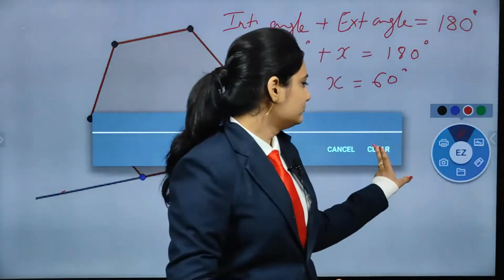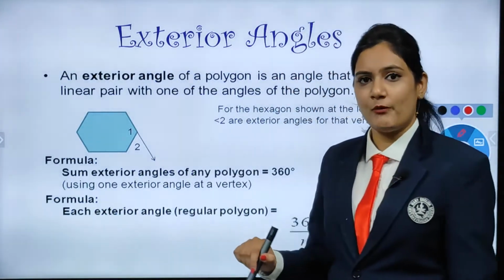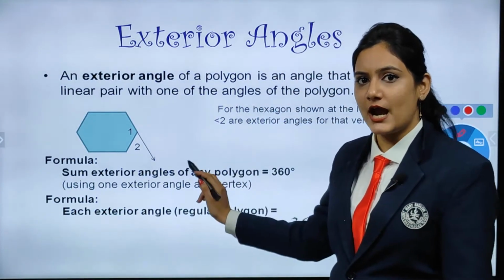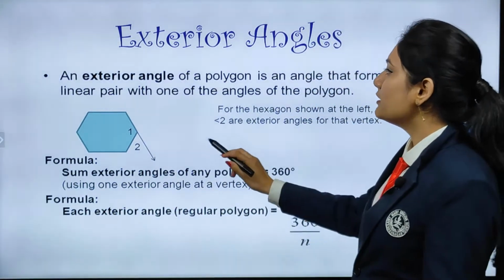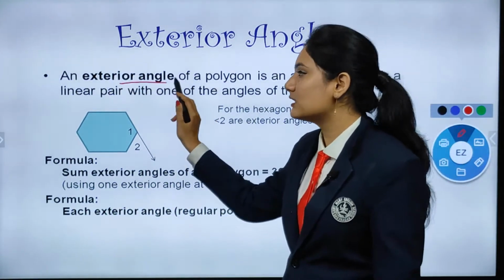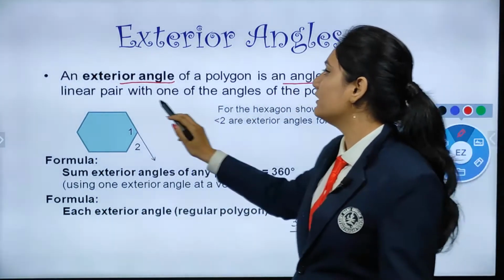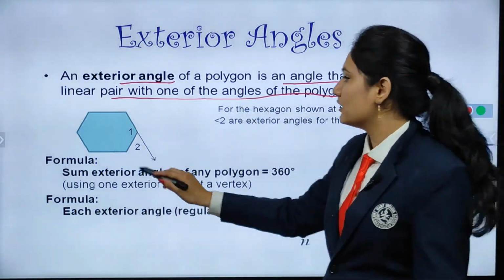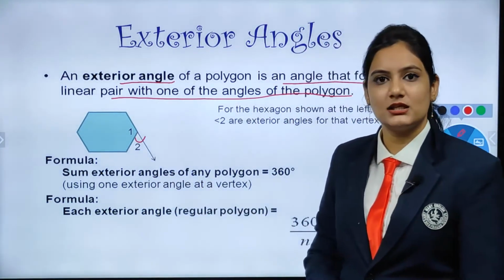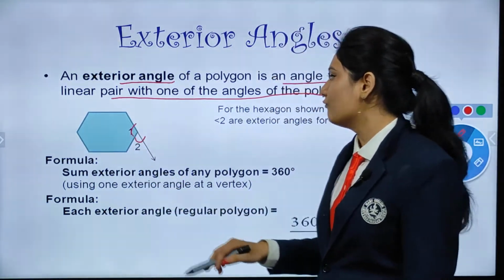Now coming to exercise 3.2, before that we will understand one formula. What does that formula say? First it says the exterior angle of a polygon is an angle that forms a linear pair with one of the angles of the polygon. Here 2 is the exterior angle which forms a linear pair with the interior angle, that is angle 1.